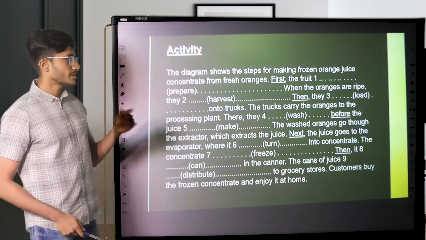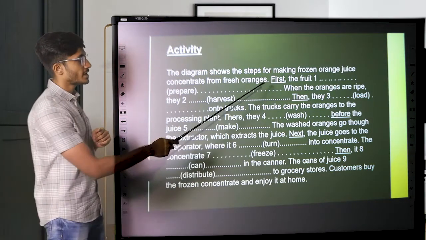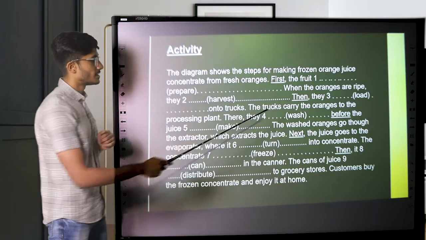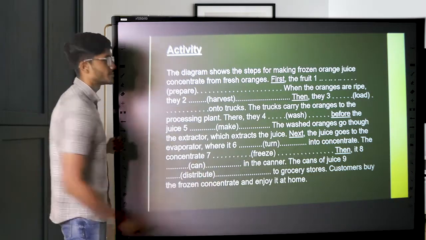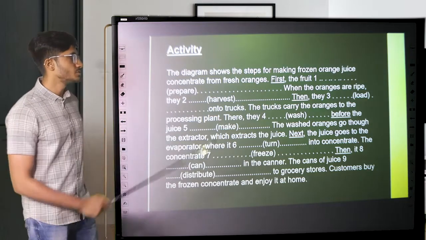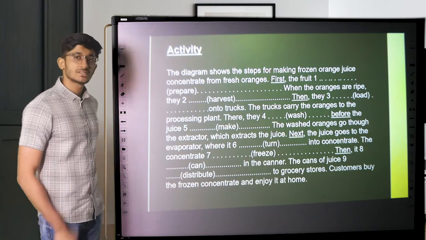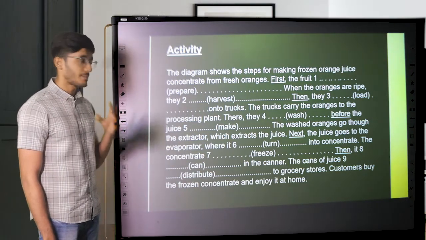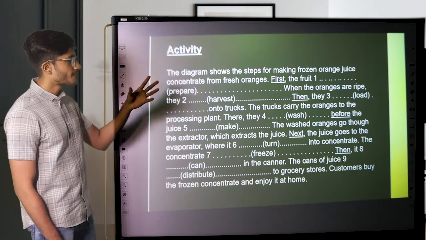One thing that is advantageous for you guys is that you won't have to write the sequential words, as the sequential words are highlighted for you. This is for your learning, but you do have to write the passive form of each of the verbs. So let me do the first one for you.